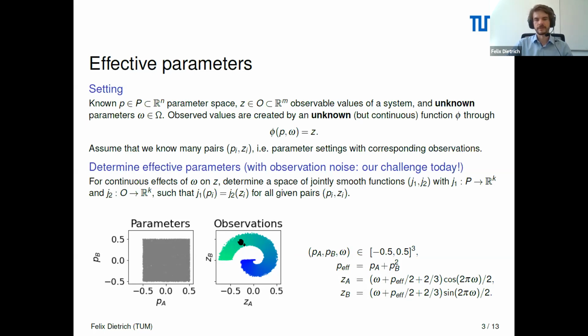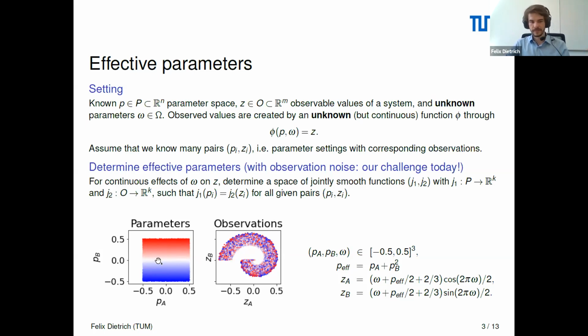And if you look very closely, but I will also show you, the effective parameter actually is sort of the width of the spiral. And so if you're given just pairs Pi and Zi, so individual points here and corresponding observations here, then what we can test, for example, is if let's say PB would be the effective parameter. And that's how it looks like. So if we just color all points by PB and essentially have PA be random, and then place the same color on the left on the corresponding points on the right, we see that certainly this is not a smooth function.